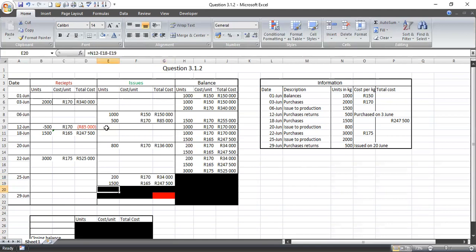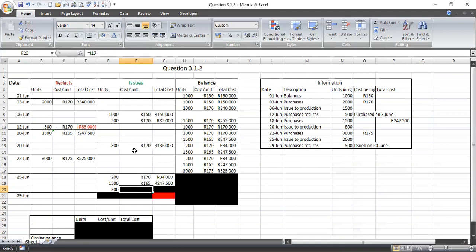So over here we'll have 300 units, and these 300 units will be issued from this batch of 3,000 units at a cost of 175 per unit.